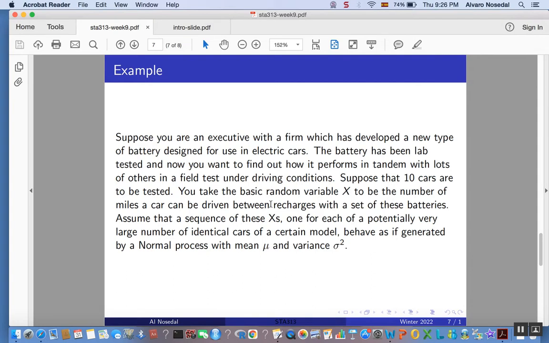What we're assuming about that random variable is that it is normally distributed with mean mu and variance sigma squared.